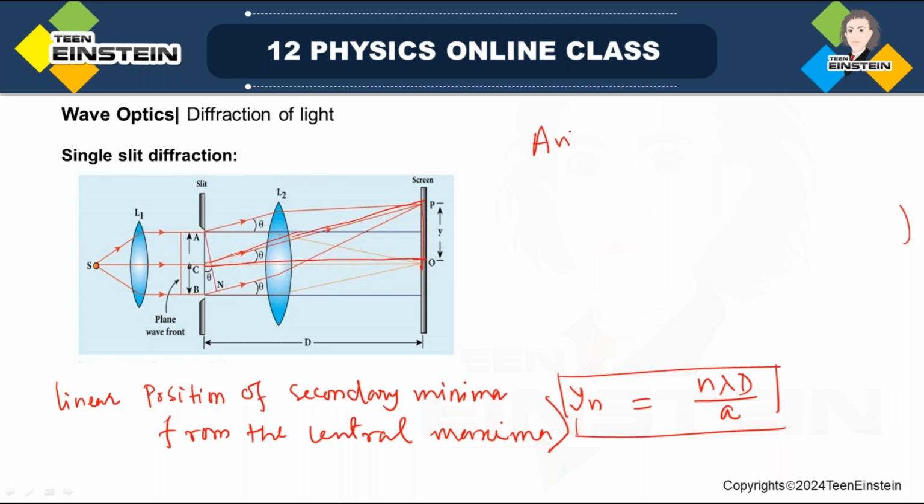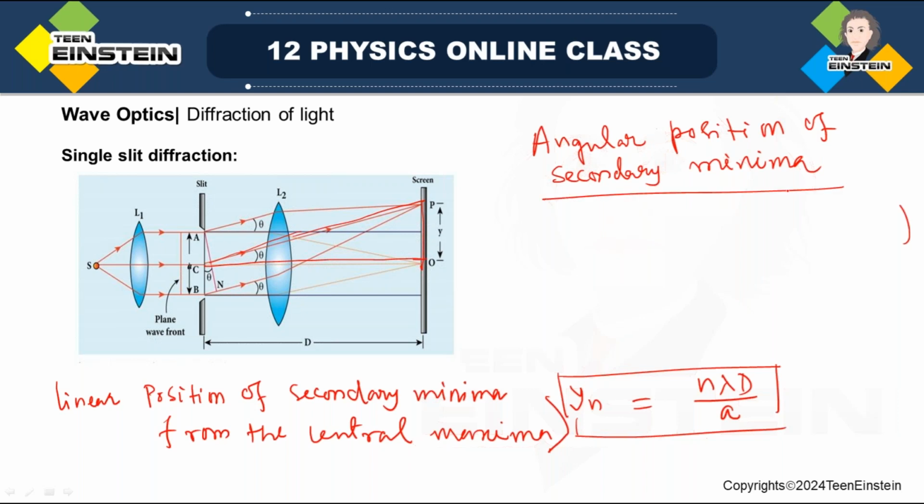So the angular position of the secondary minimum: see from this condition, a sin theta is equal to n lambda.